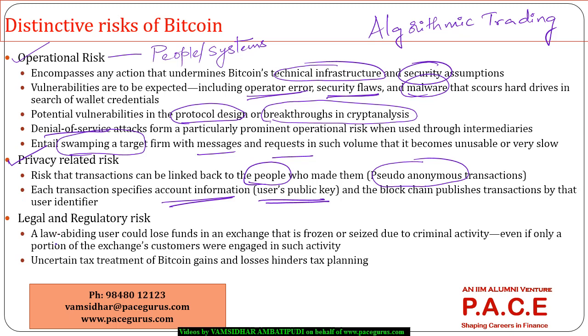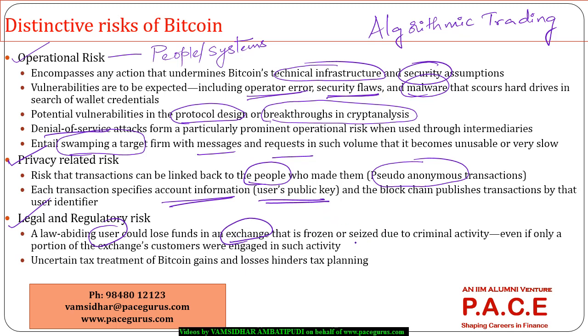particularly serious. Then we are talking about the legal and regulatory risk. So let's look at this scenario. I'm a law-abiding user, right? I'm doing all my transactions in white, nothing in black, right? I'm abiding by the law, and I can also lose the funds in an exchange.